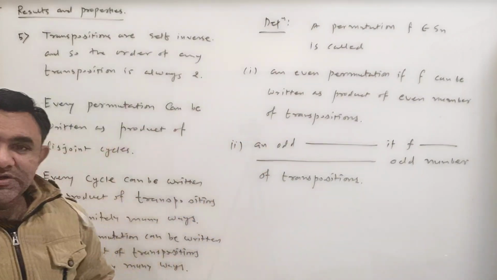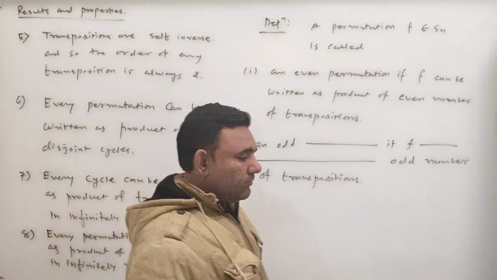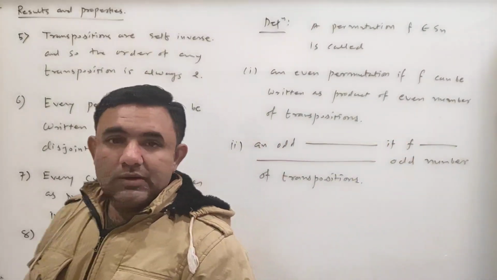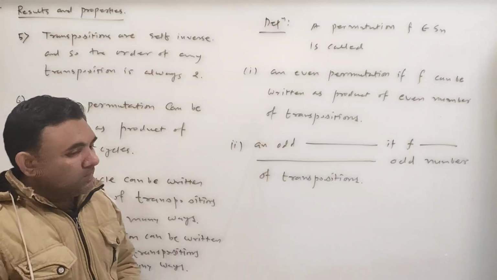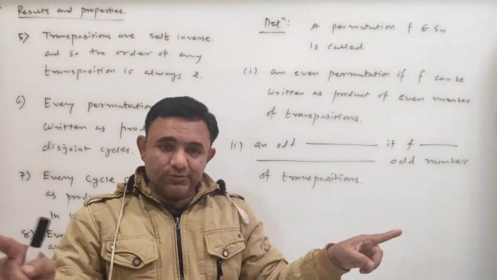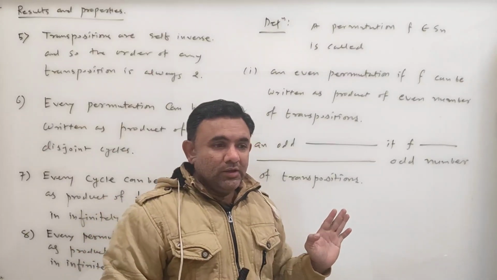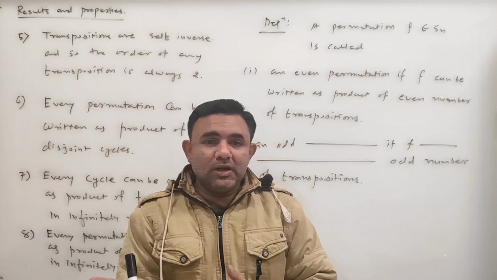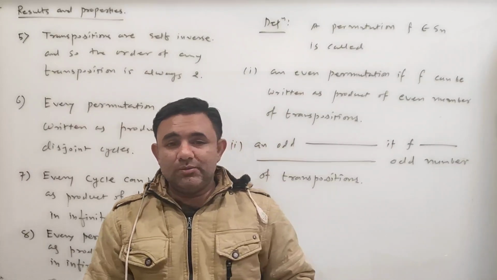मतलब मुझे कोई परम्यूटेशन दे दिया है तो उसको मैं इवन वो परम्यूटेशन है या ऑड परम्यूटेशन है वो कैसे डिस्टिंग्विश करूँगा? I will write that permutation as a product of transpositions and we know how to write it. Then you count how many transpositions are required to represent that permutation.